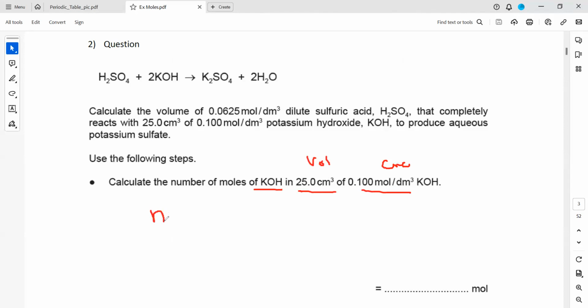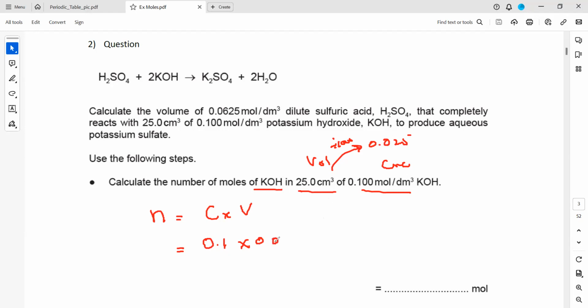The moles is denoted by n, and it is concentration times volume. The concentration is 0.1. And what about the volume? The volume is usually given in cm cube, so you have to convert into dm cube. How to convert cm cube into dm cube? You have to divide by 1000. So 25 divided by 1000 will be 0.025.